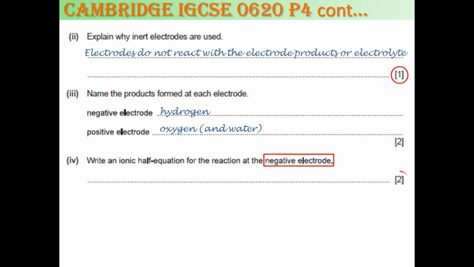How many marks are we being given for this? We're being given 2 marks. So in general, we are going to have 1 mark for the substances and the second mark for balancing. So here is the equation. The 2H+ receive 2 electrons, and then we get hydrogen.